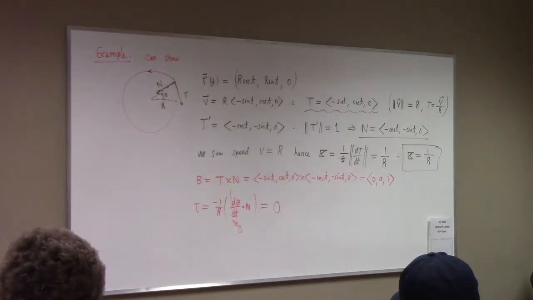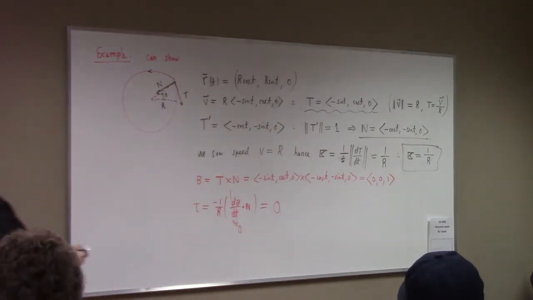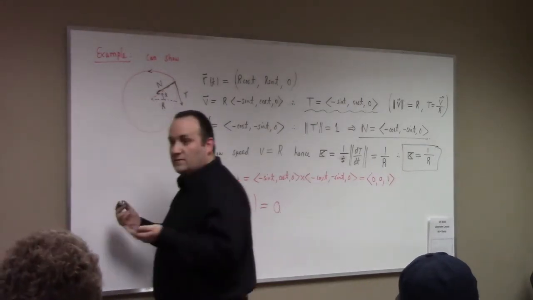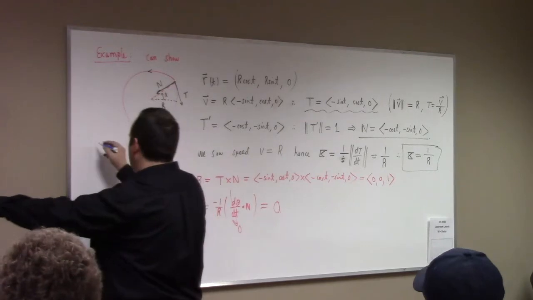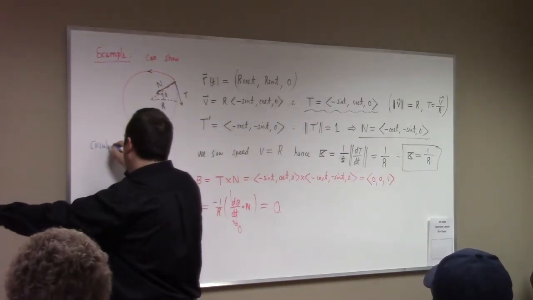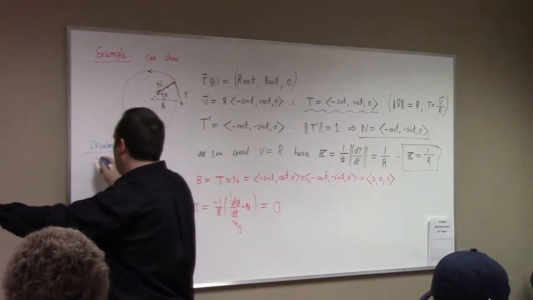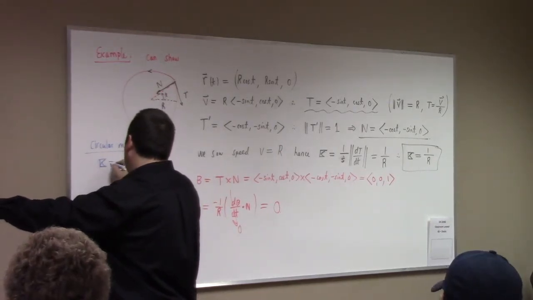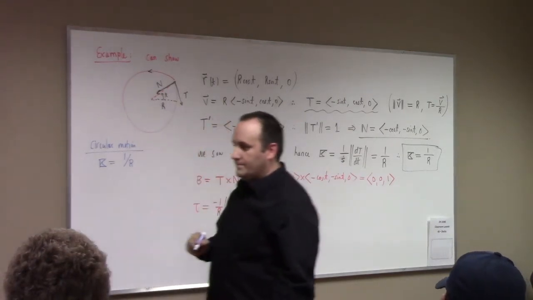Let's get back to kinematics, though. What I wanted to point out to you guys is the thing we study in Physics 231 a lot is circular motion, right? For circular motion, we have that the curvature is 1 over the radius, right?